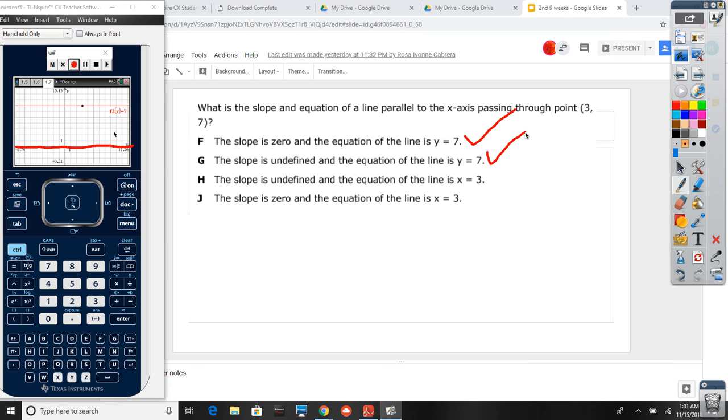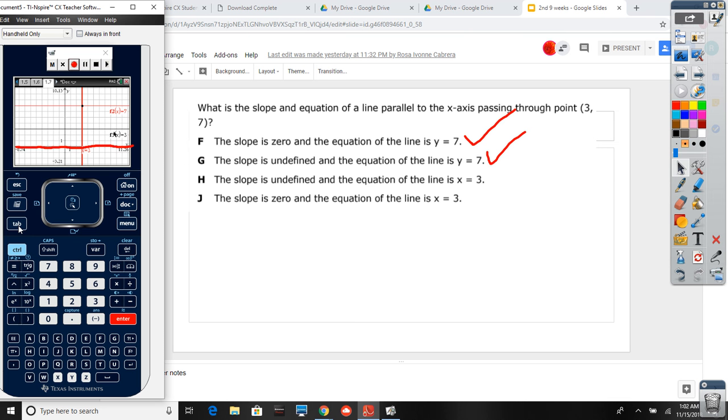So I can put a check mark on that one and this one because they both have it, right? Now let's type in, I'm going to press tab, and I'm going to try x equals 3 and x equals, I put y equals 3, sorry. Let's press tab again. Okay, I'm going to delete it and put a relation, so I can type in x equals 3, x equals 3.